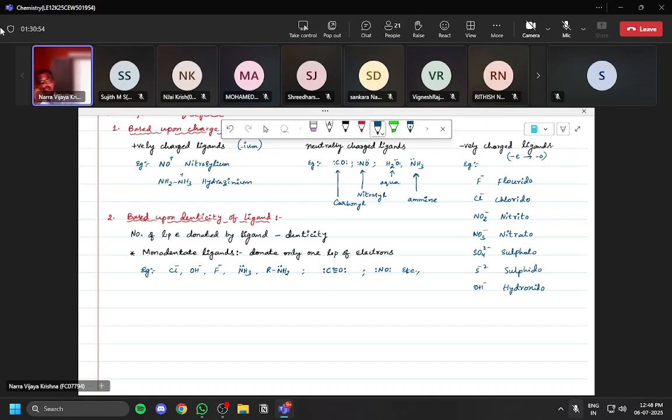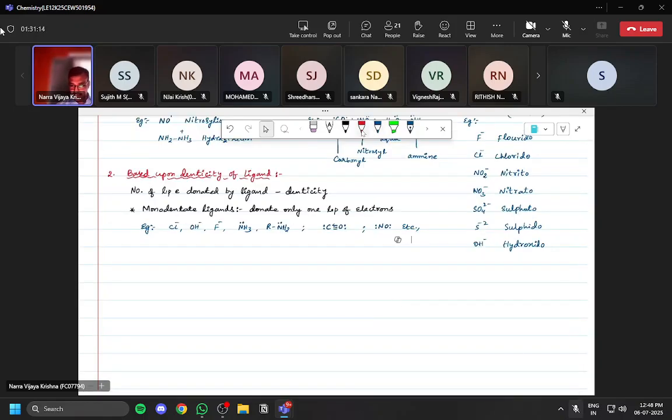Yes, sir. In the case of NO, either N will donate or O will donate, but anyhow they will donate only one lone pair. If either one of them can donate, then it is called ambidentate. But they are all monodentate ligands.